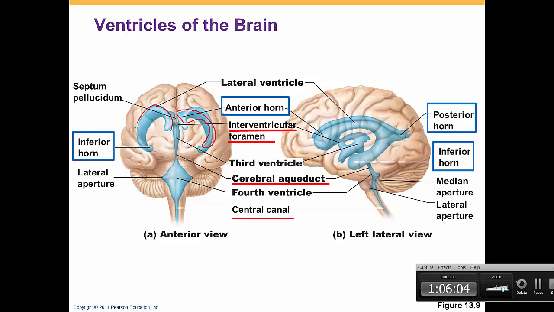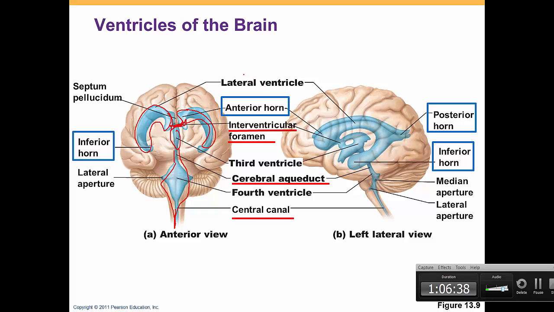I have 2 of them. And then I have my 3rd ventricle. After that I have my 4th ventricle, and the fourth ventricle is continuous with the central canal. Between the two ventricles is an opening that connects them with the third ventricle. From the third ventricle to the fourth ventricle, I have a connection called the cerebral aqueduct.